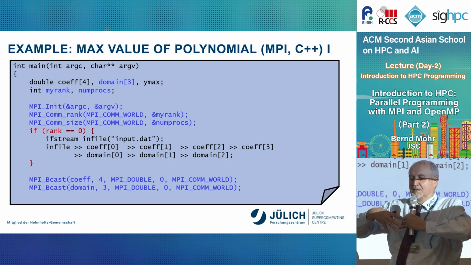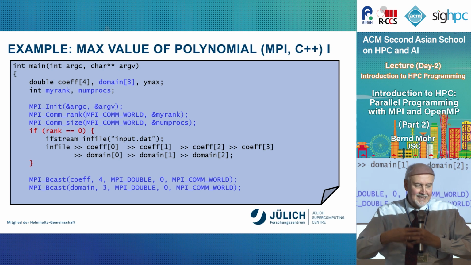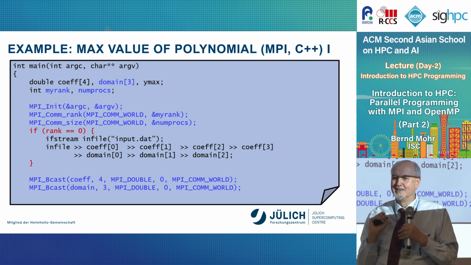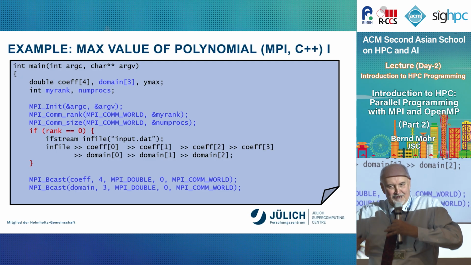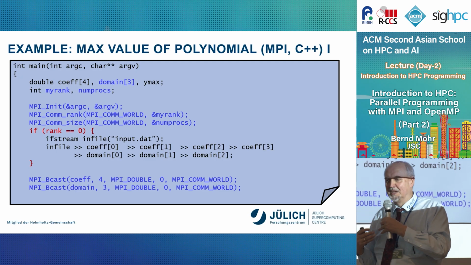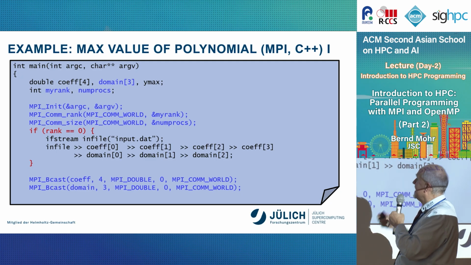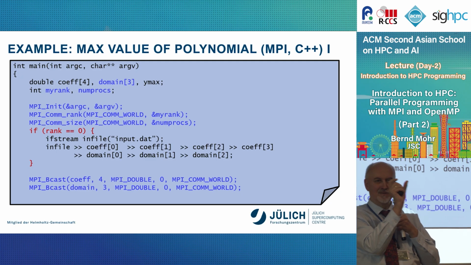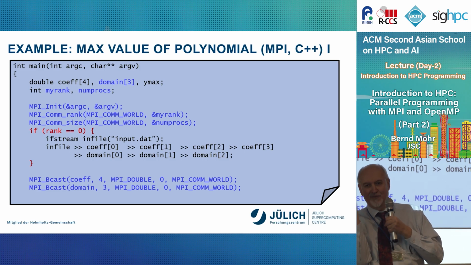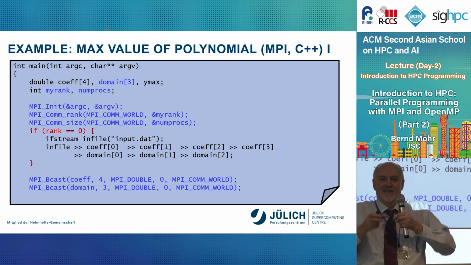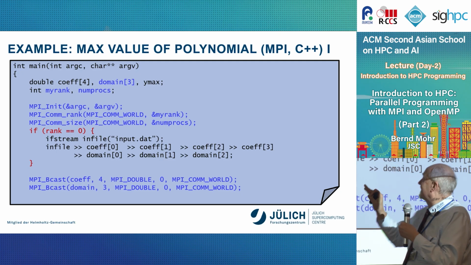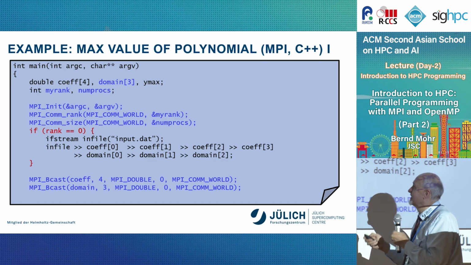If I want to read this data and send it to all the processors, I have to do 3 broadcasts, which is kind of expensive. So what I do here is I take these 3 values and put them in a vector. The first one is Xmin, the second one is Xmax, the third one is the number of steps. And then I can send the vector with 1 broadcast. This is kind of an optimization, just to let you know.